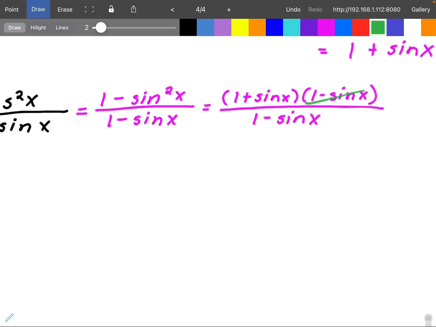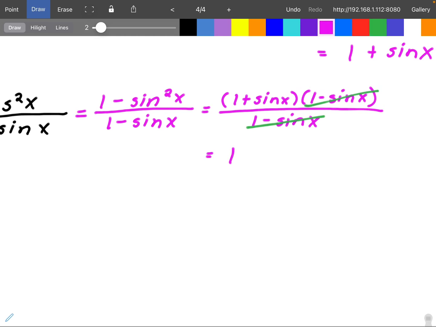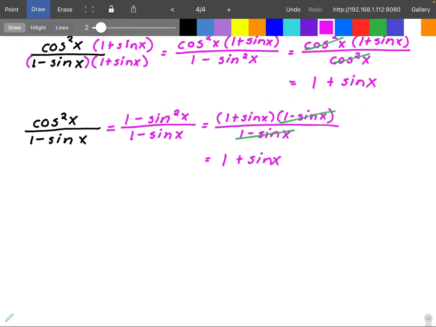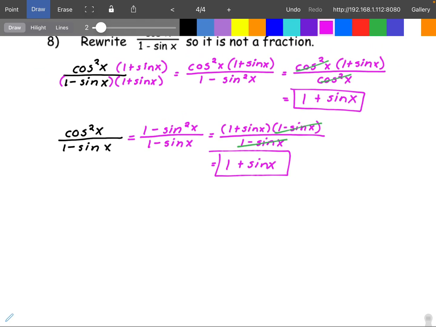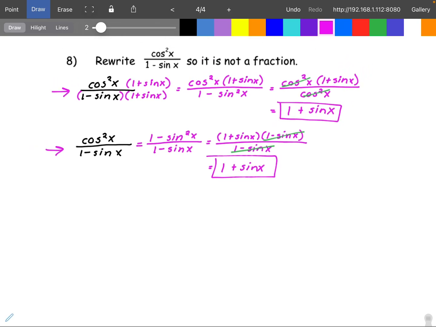And then I can say, I have a 1 minus sine x here, and I have a 1 minus sine x here, which leaves me with just 1 plus sine x. So either way, I am coming up with the exact same answer. Most people are going to see this better than they will see this, but some may see the other way. So whichever way works for you, that's how you should do it.